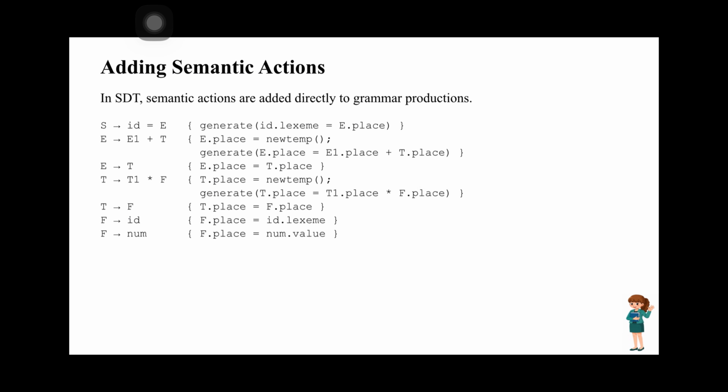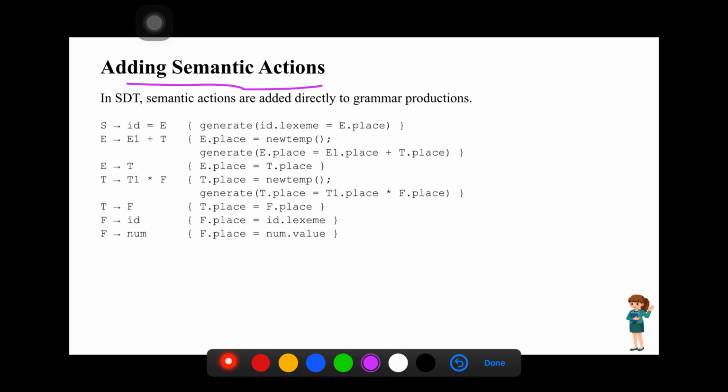Adding semantic actions. Now we add the semantic actions to our grammar. This is where the actual translation takes place. For example, S produces ID equals E. You can see E produces E1 plus T. We create a new temporary variable and generate the code for the addition.